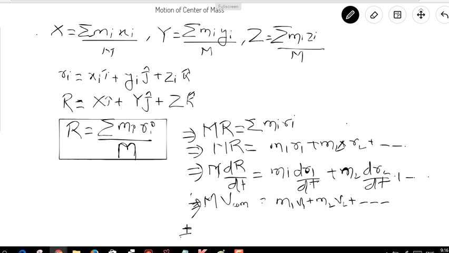So if we differentiate this one again with respect to time, this will become M dV com by dt, plus M1 d small v1 by dt plus M2 into d small v2 by dt.